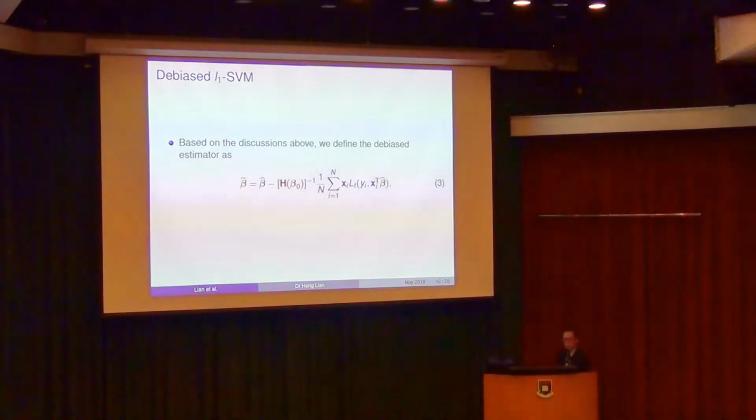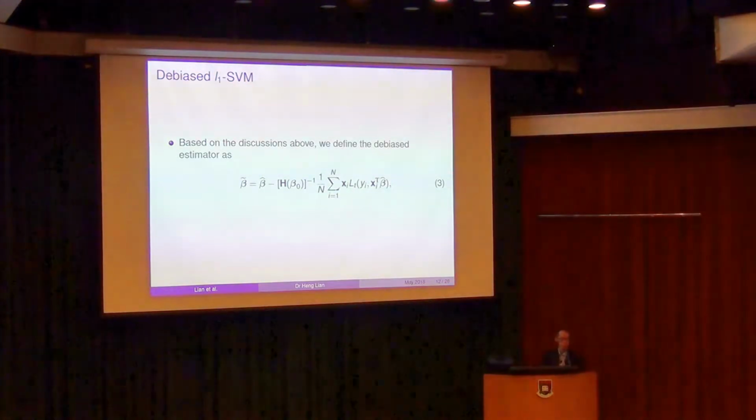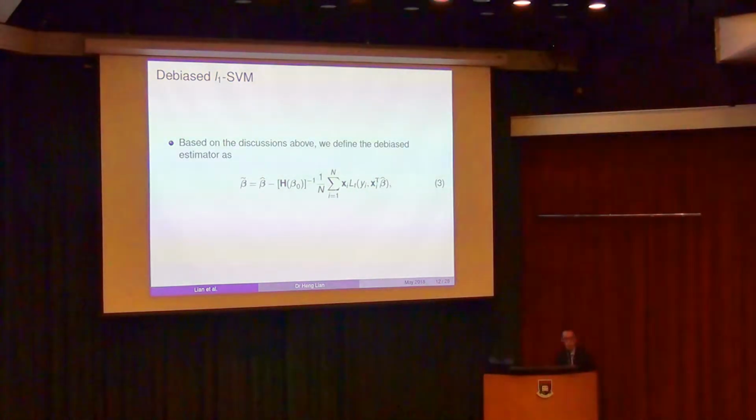What's the Hessian matrix? It's the second derivative of the expectation of the loss. Now, of course, the expectation is unknown. You cannot just calculate the expectation in statistics. You only have data. But expectation can be approximated by average. Everyone knows that this is a trivial step.